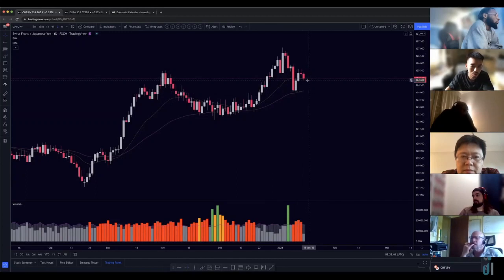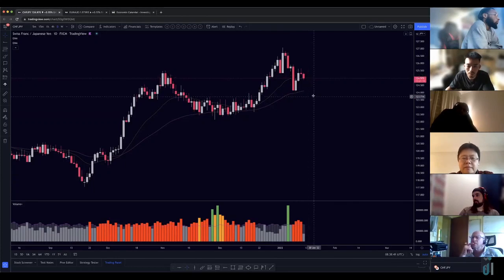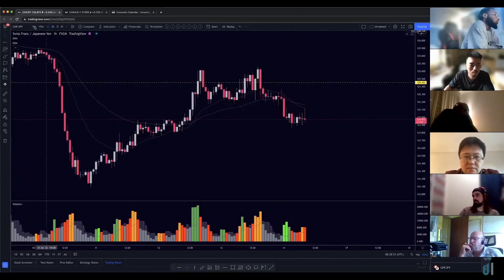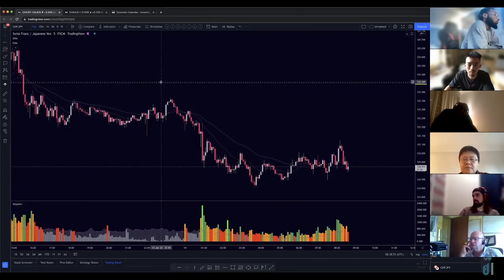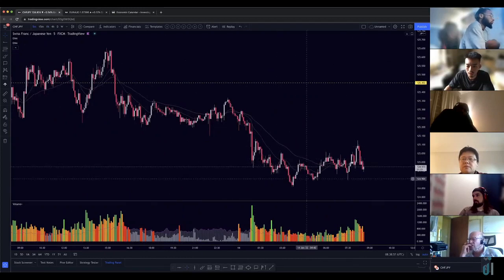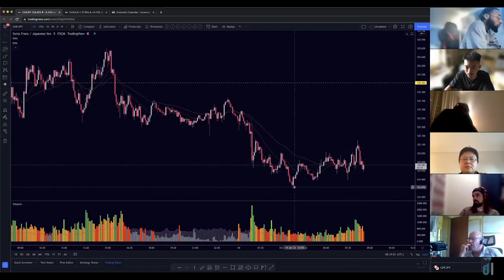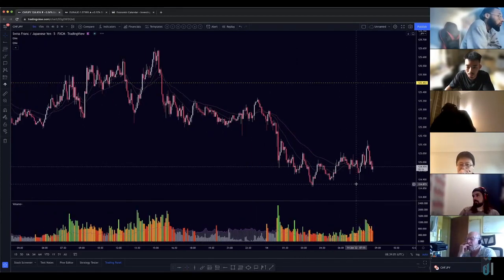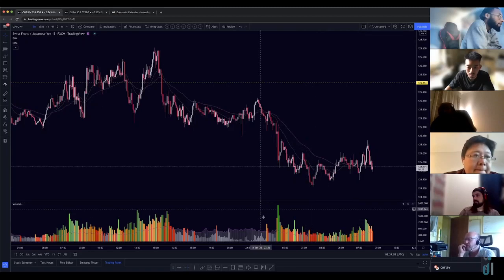So we can potentially test our luck to try go for a push. See, not enough pullback for us to fade to sell, even to the recent lows. It's not good enough risk reward.